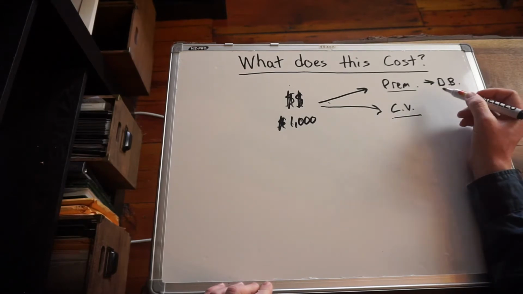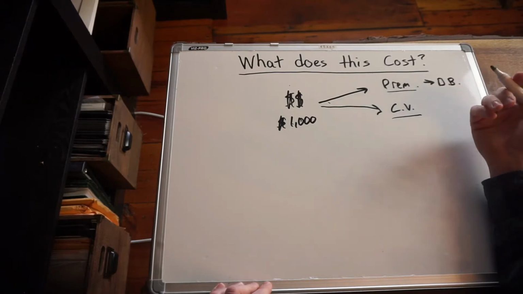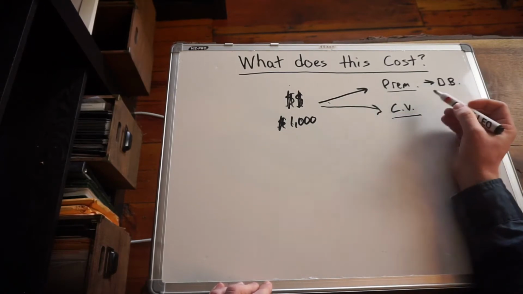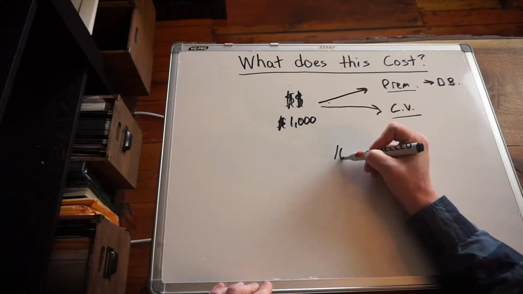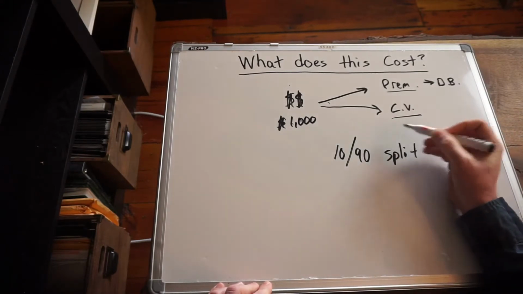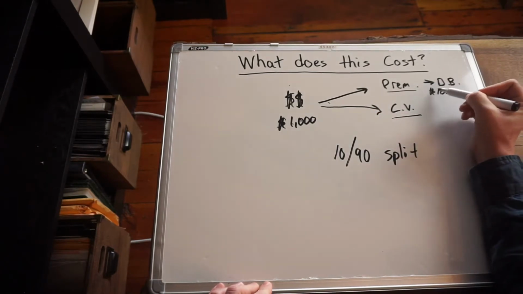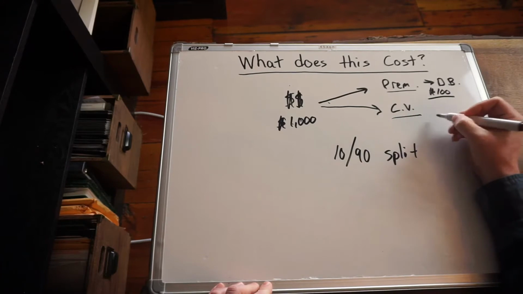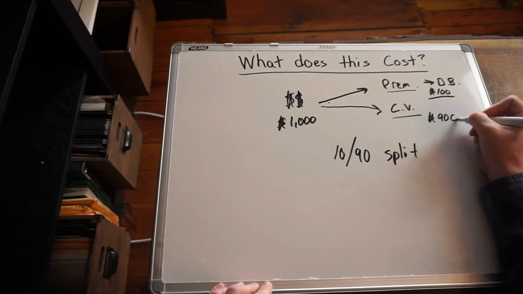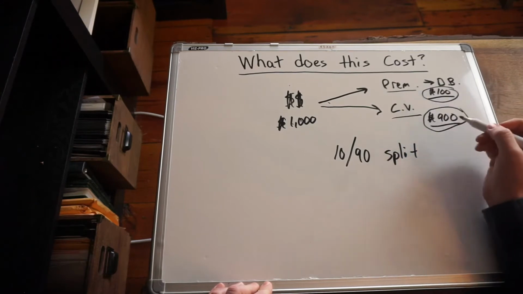Well, the companies that we work with, depending on your age and health rating and how long you're looking to fund it, the best scenario possible is what we call a 10-90 split. Whereas we would want $100, or 10%, to go to the expense and the remaining $900 to show up in cash value. That's the perfect world if we're setting this up correctly.